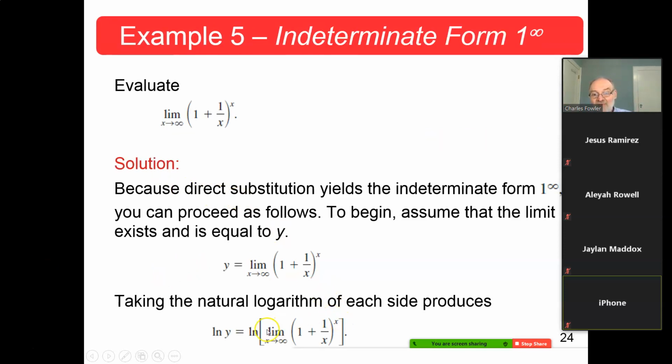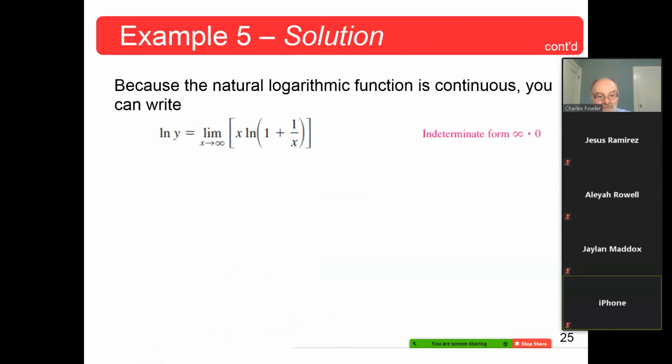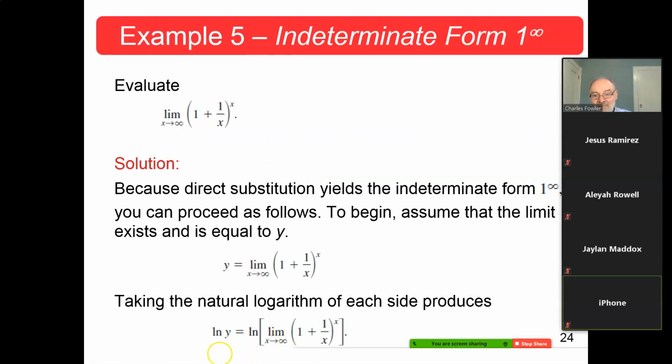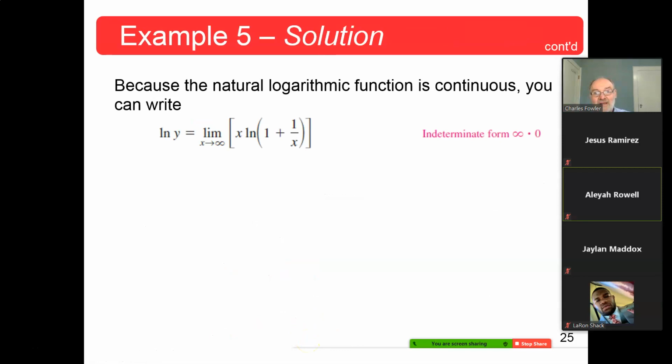They flipped the limit and the log, and then they also noted that the log of something to a power is x times the log of the something. Okay. So that's what they did. They skipped a step there.